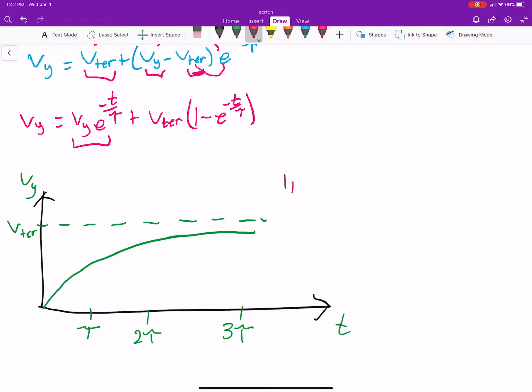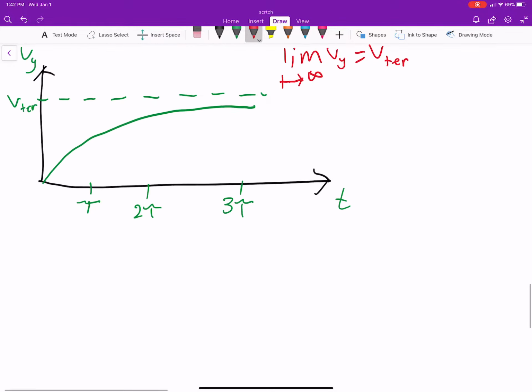Another way to think of it with calculus is the limit as t goes to infinity of our velocity function is going to be equal to V terminal. So when our force is balanced and we no longer have any acceleration, there's no slope to our graph, we're approaching terminal velocity.